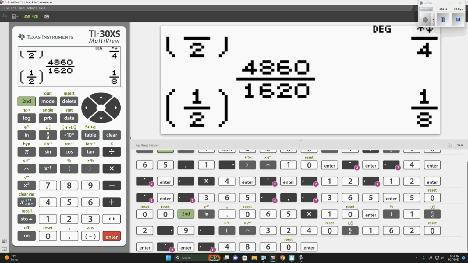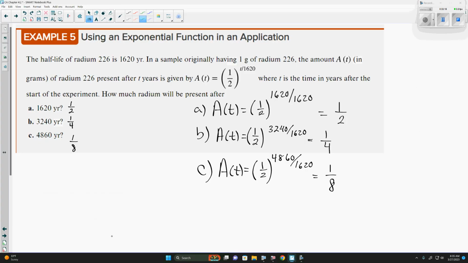So we have 1/8 the amount. So we have 1/8 of a gram of radium after 4,860 years.